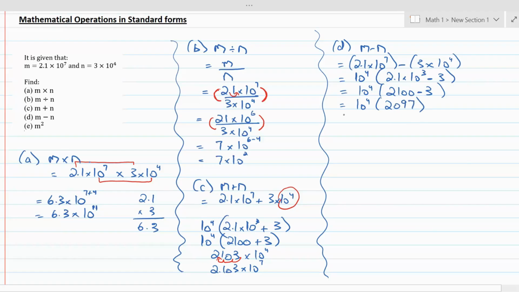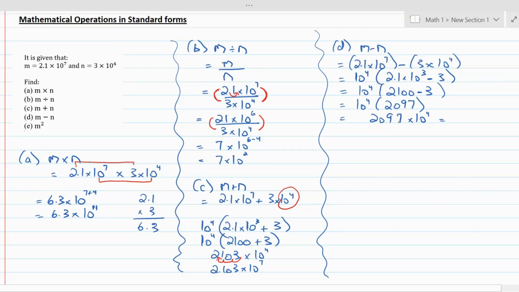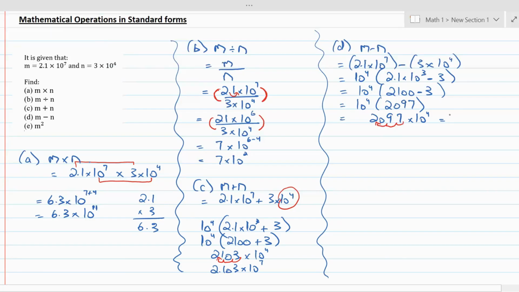Converting this into standard form, we have 2097 into 10 raised to the power 4. Since there is no decimal, the decimal is at the end: 1, 2, 3. So it would be 2.097 into 10 raised to the power 7.